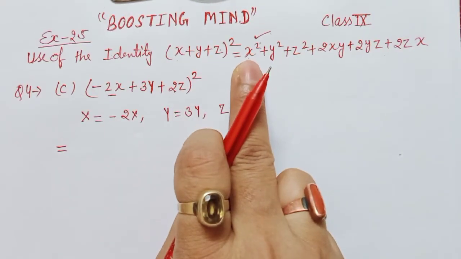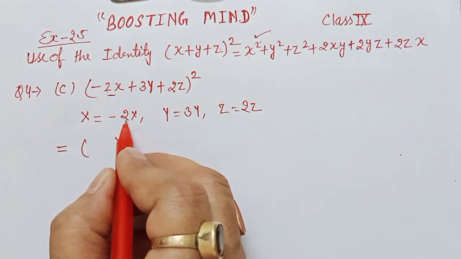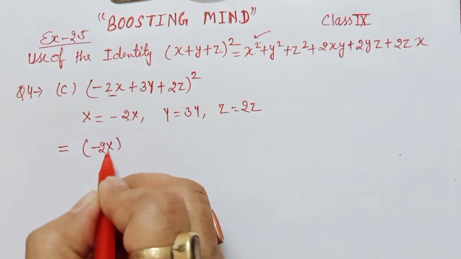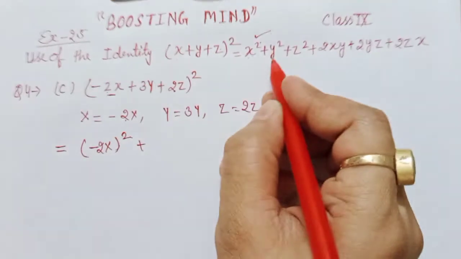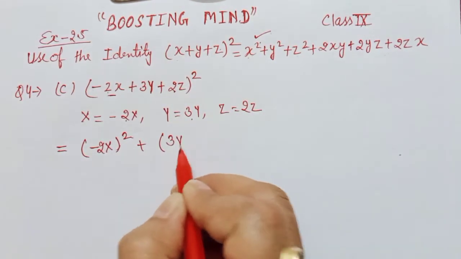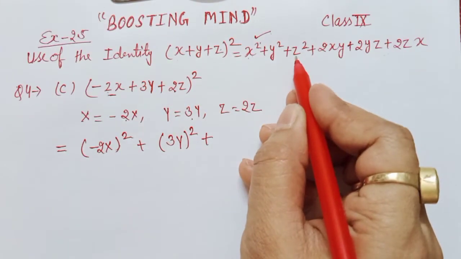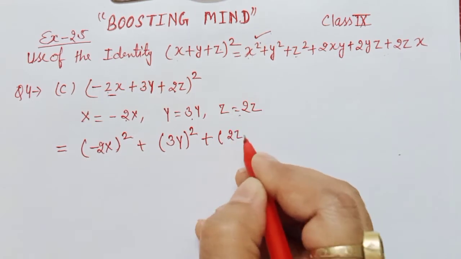We are having x square. In our question, in the place of x, we are having minus 2x, so minus 2x square, plus y square. What is y here in our question? We have 3y. Next term is z square. In our question, z is 2z.